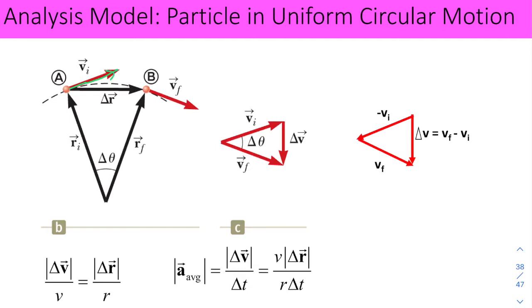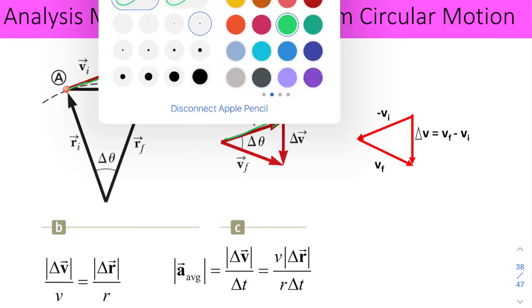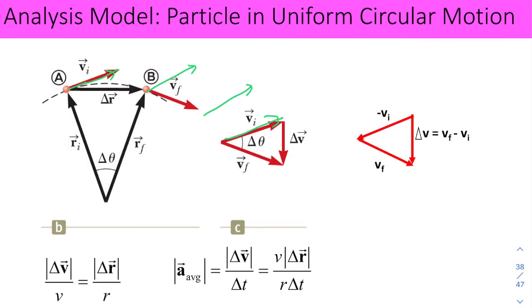Just imagine we transfer it here. So this is your v initial, and then this is your v final. You transfer v final here. So this is true as long as the angle here is the same as this angle, right?